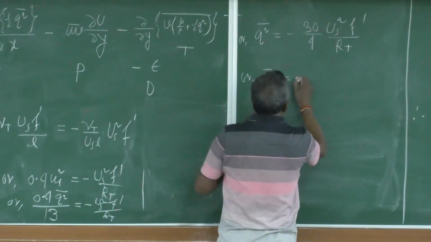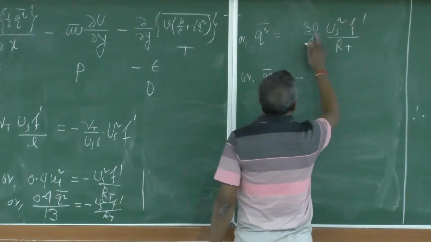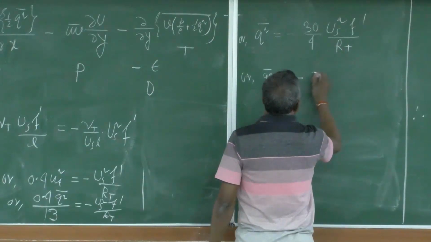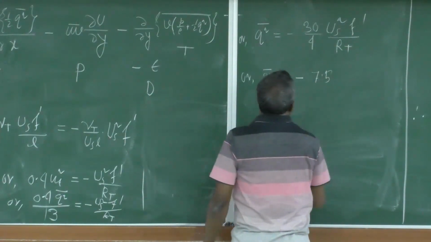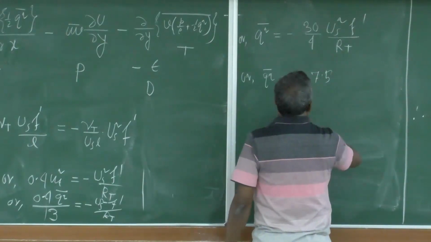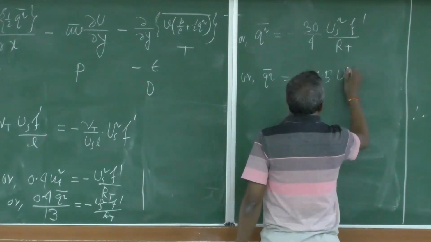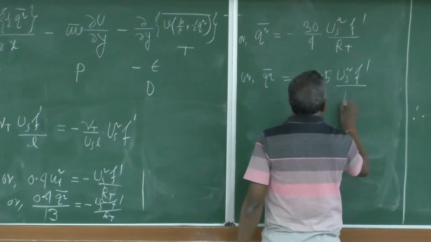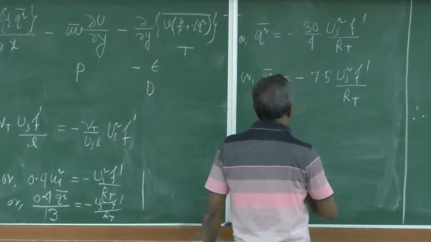This equals minus 7.5 u s square F prime R t.